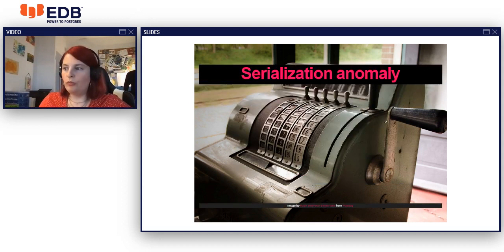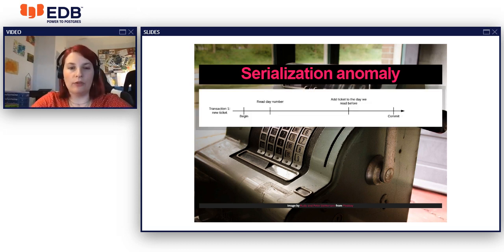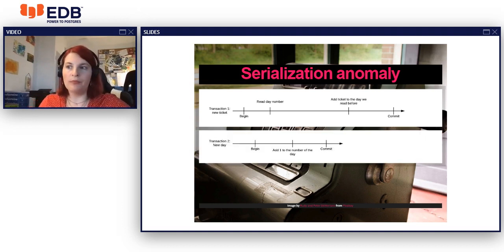Just assume you have 3 transactions. The first one is the transaction that will create a new ticket. So you will have the begin, then you will read the day number, and after that you will add a ticket to the day you read before, and you will commit. The second transaction is the new day transaction.